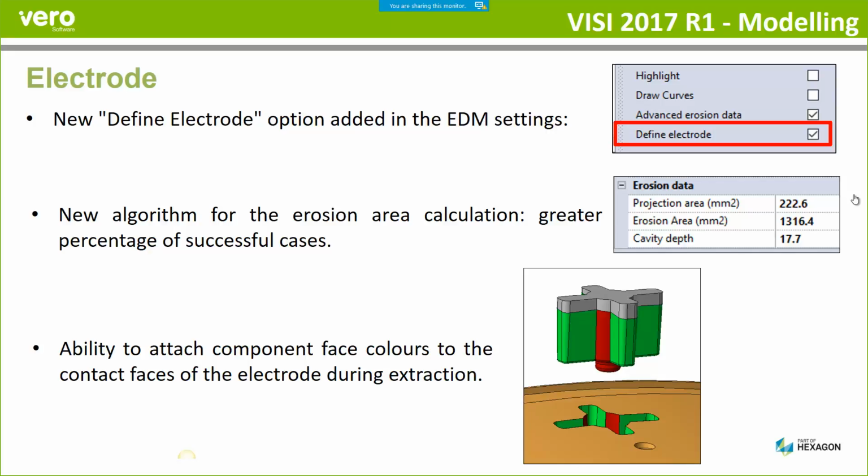And also, when you're extracting model geometry to create electrodes, if you've got face colors assigned to a model and you want those face colors assigned to the electrode, that can automatically be done now. It's good for highlighting just cavity geometry, so you can know where shut-off faces are and distinguish between the two on the electrode.